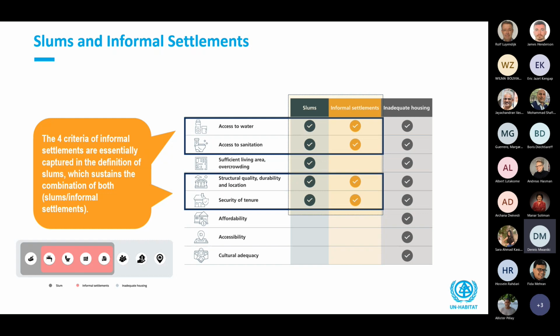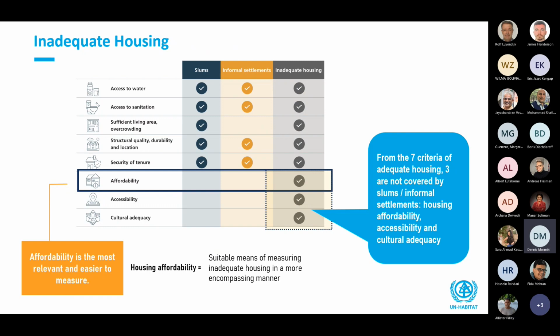As you can see from this table, we really wish to measure all these same sort of indicators, but due to data limitations, we picked one item. This is based on global consultations with stakeholders and experts, who identified that to distinguish between the issues of slum and informal settlement households, we could use affordability as the main indicator for measuring housing inadequacy.